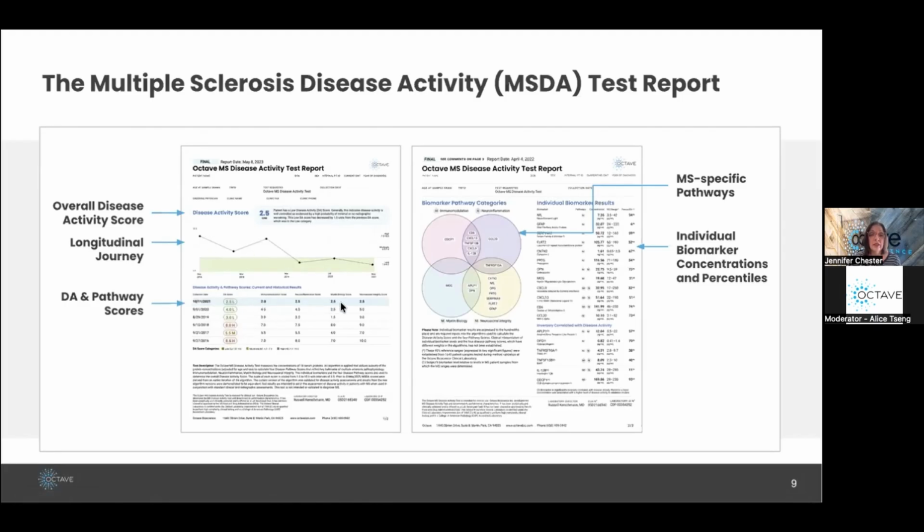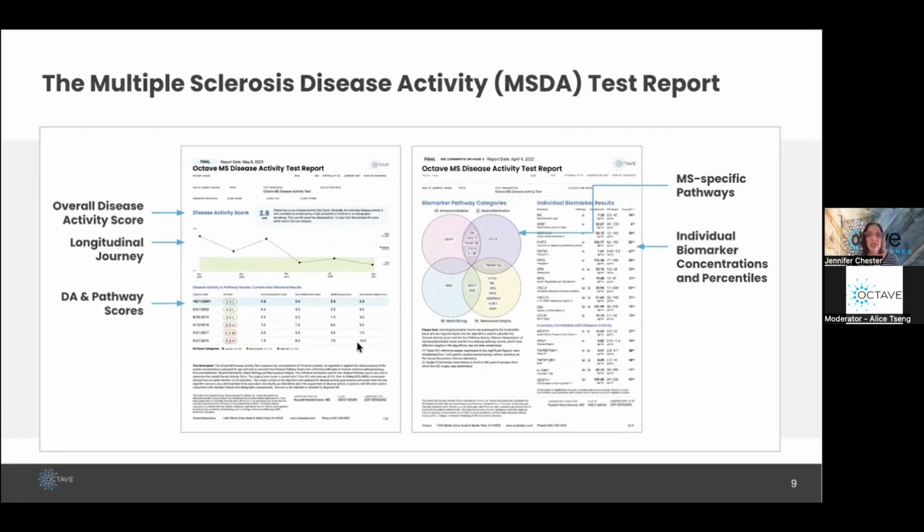And then these are the different pathways. So remember we talked about the immune system changes, that breakdown in the blood-brain barrier, the myelin changes, and the axon damage. Those are these pathways. So there's also going to be a number generated for those immune system changes and those proteins that are being released. Neuroinflammation, that's when those immune cells cross the blood-brain barrier.